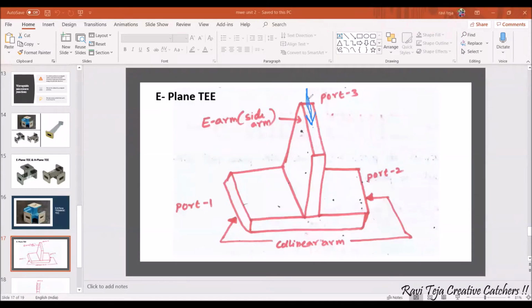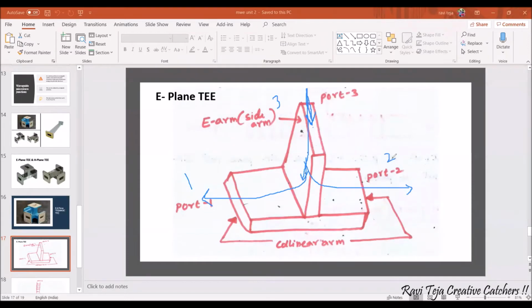Whenever a signal is traveling like this, as the two ports are open, the microwave signal will come out as an output from port 1 as well as port 2. This is what we know. This is port 3, this is 1 and this is 2.